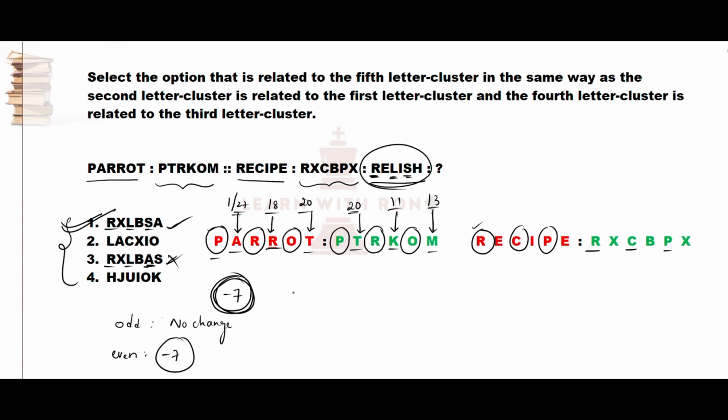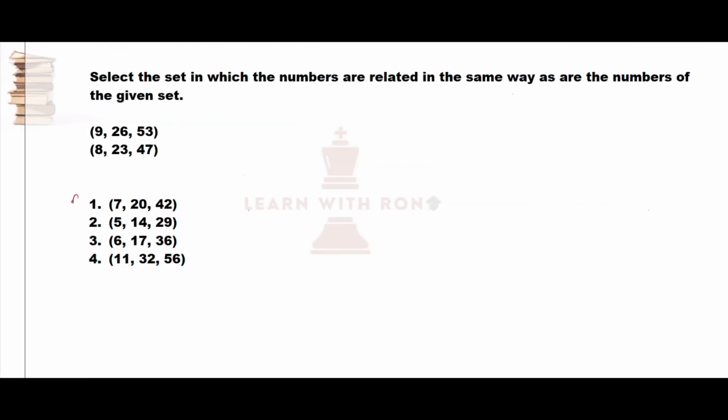Let's see our next question. See this question, we need to find a set from the given options which follows the same pattern as above two sets. Okay, let's take a first set here, 9, 26 and 53. See the second number here, 26. I can write 26 as 27 minus 1, right?